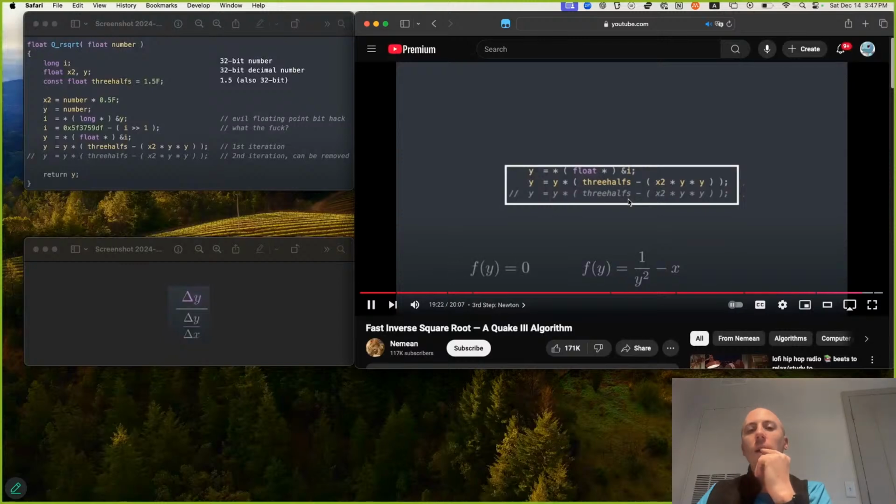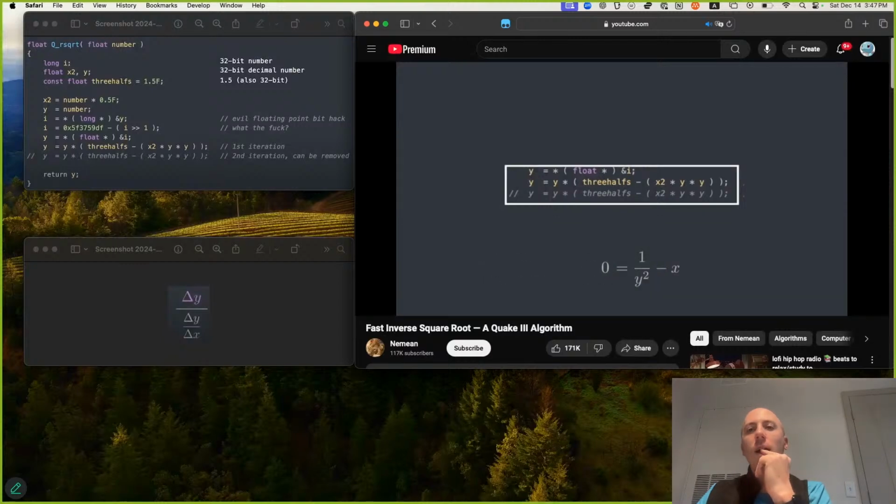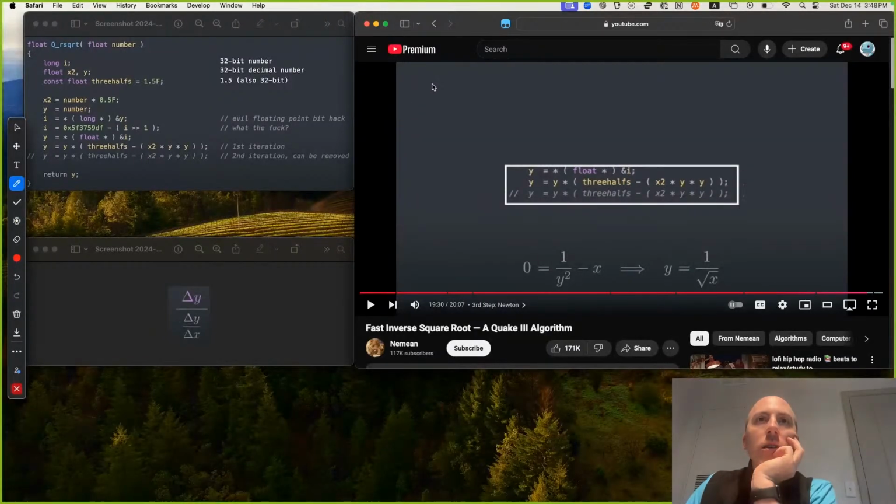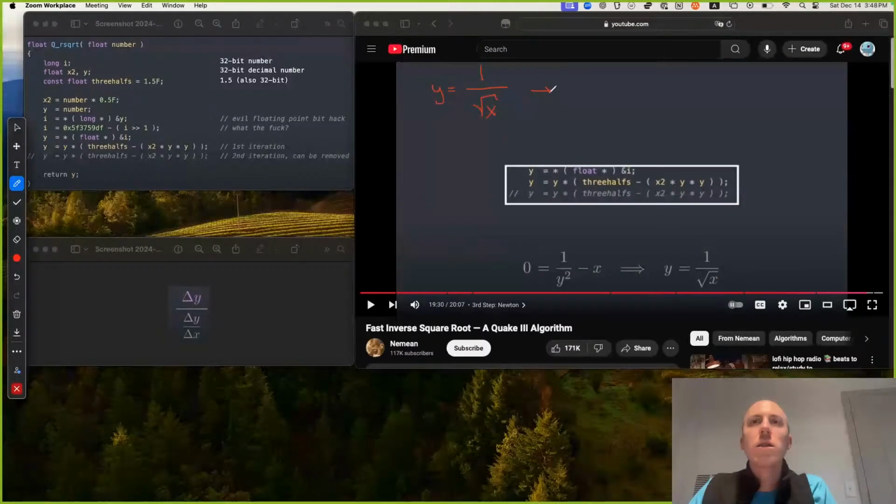Notice that y being a root of this function is equivalent to y being the inverse square root of x. All right, maybe we can work backwards from it. So we could say y is equal to 1 over the square root of x. So we square both sides. We get y squared is equal to 1 over x.